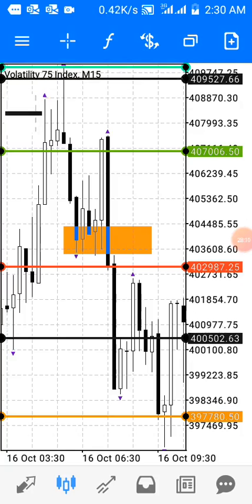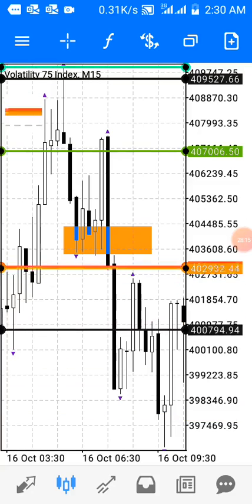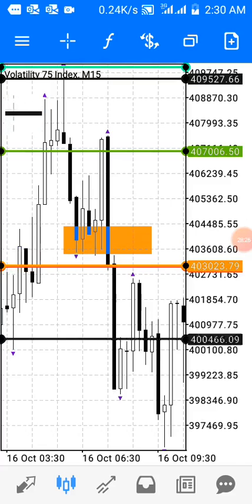Then I set 2,500 points for my initial trade, and I add another hedge trade in case price comes down. As I add the other hedge trade, I edit its take profit to be a constant 2,500 points.